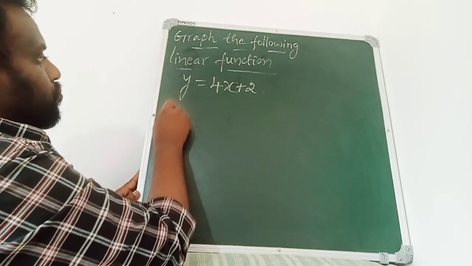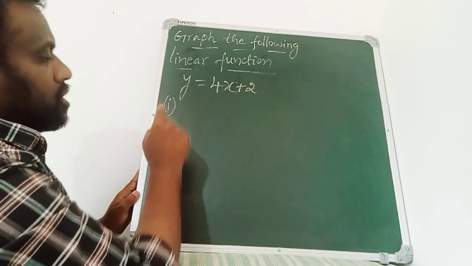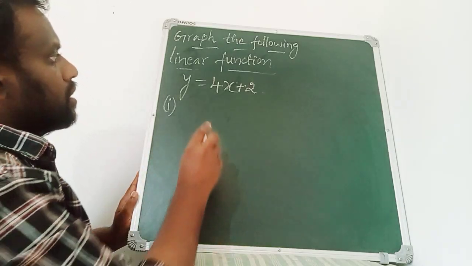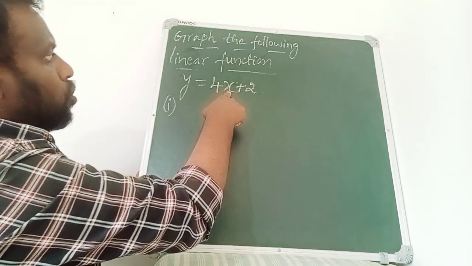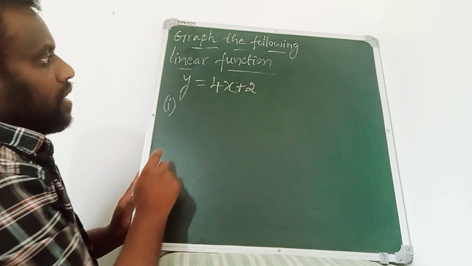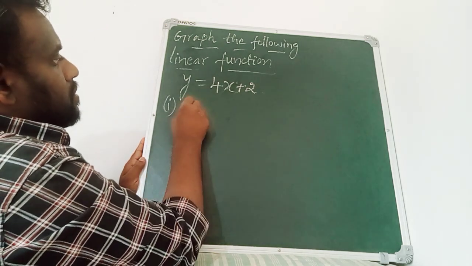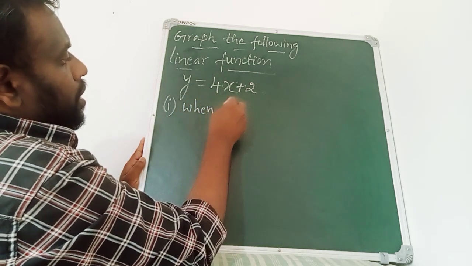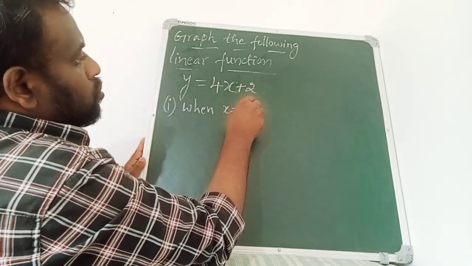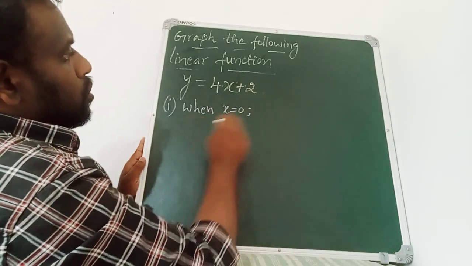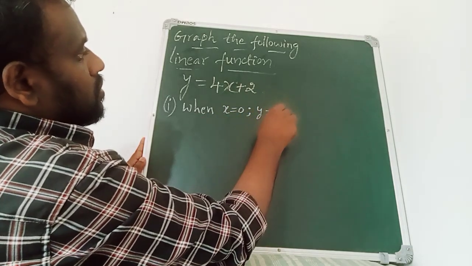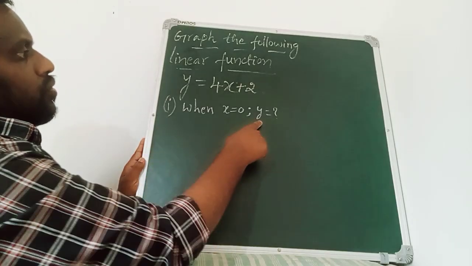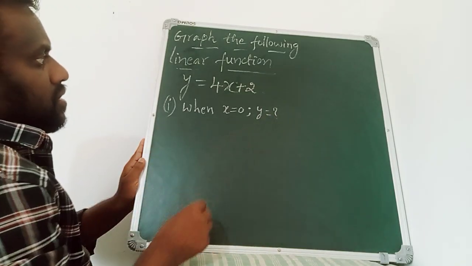I will write here. First point we have to find, when x is equal to 0, what is y? So I will write here, when x is equal to 0, y is equal to what? So we need to find y, the first case.